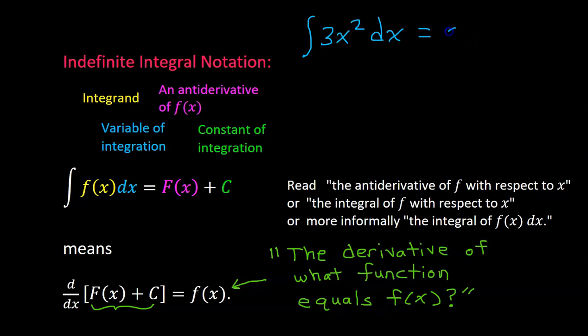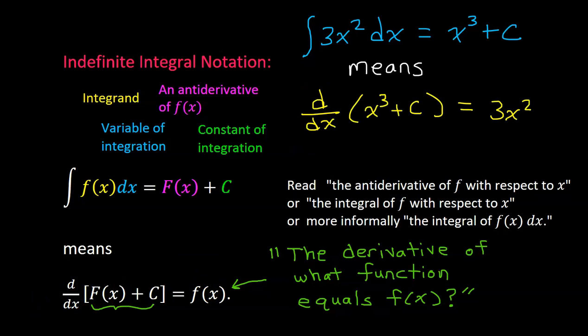And we decided that the antiderivative was x to the third power plus c. So this meant the following. The derivative of x to the third power plus c is equal to 3x squared. So these two equations are two different ways of expressing the exact same thing. So you can go back and forth between the blue form and the yellow form anytime.